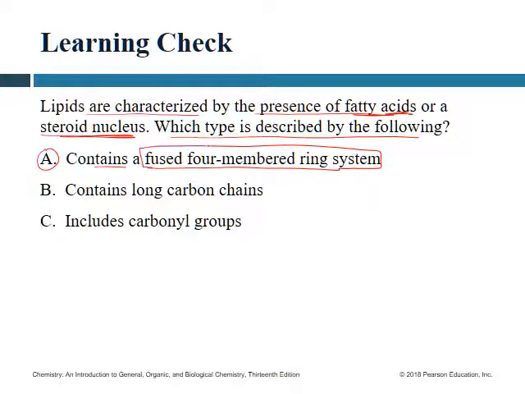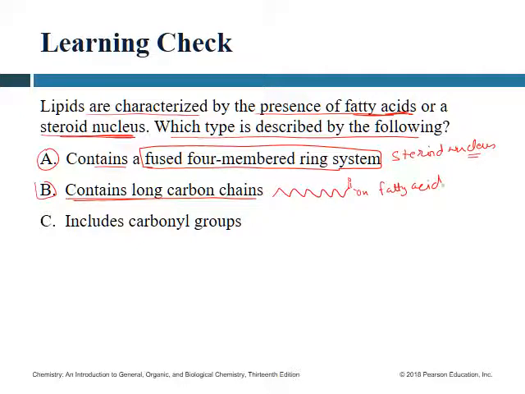So this should be steroid nucleus, because steroid nucleus is a combination of 4 fused member ring system, right? And this cannot be hydrolyzed. Option B is contain long carbon chain. So long carbon chain, and at the end you have carboxylic acid, so it has to be fatty acid.